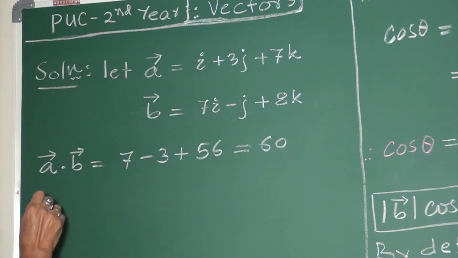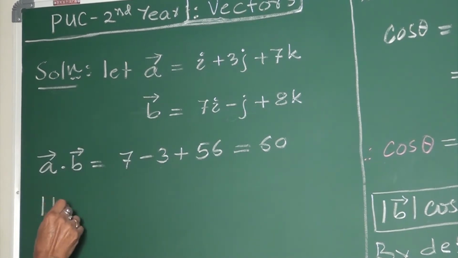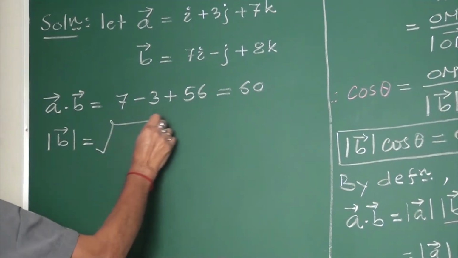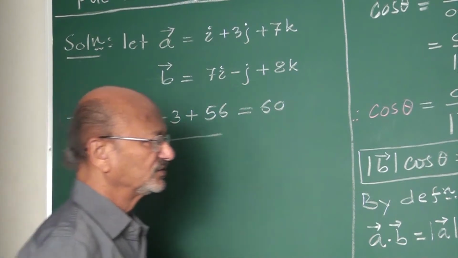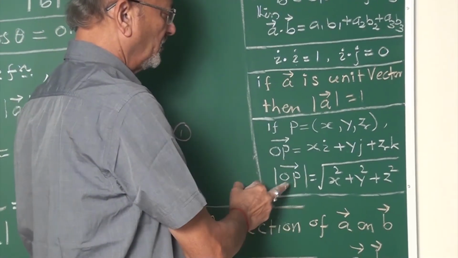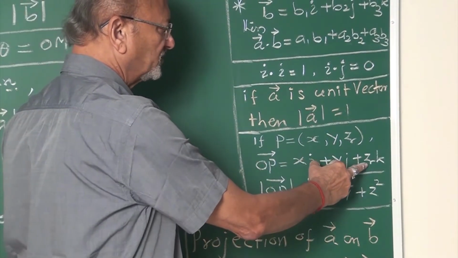Then you wanted the magnitude of B, which is the square root of 7 square. For the formula, for xi plus yj plus zk, the magnitude is the square root of x square plus y square plus z square.